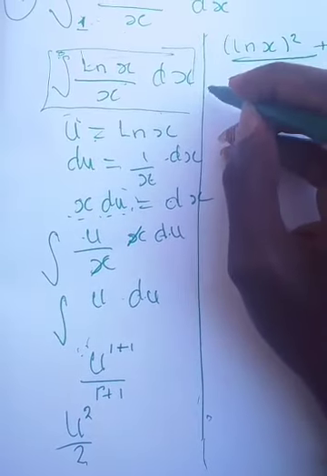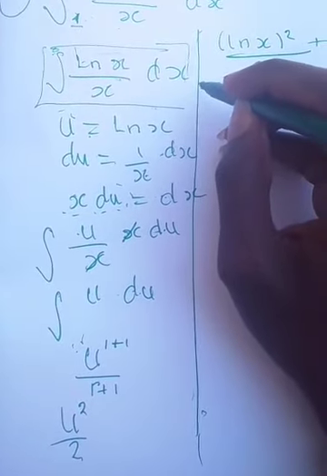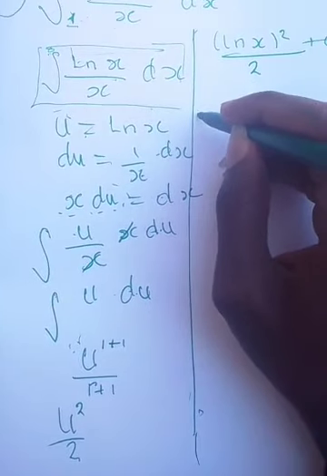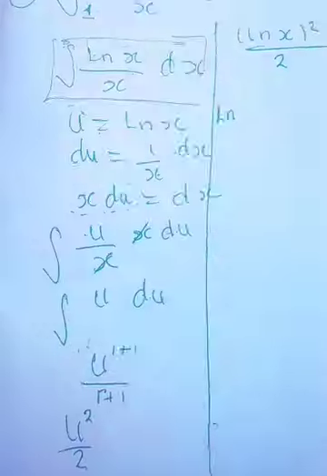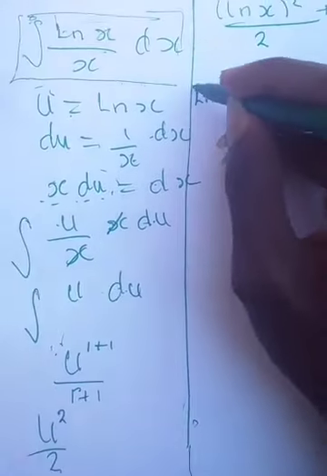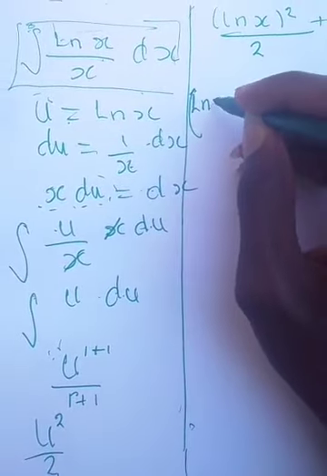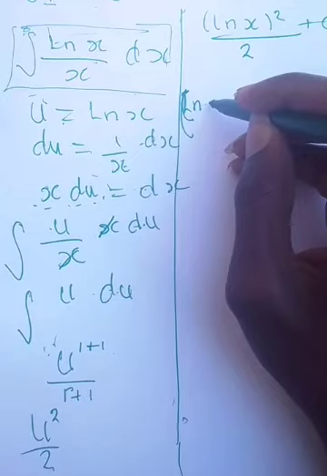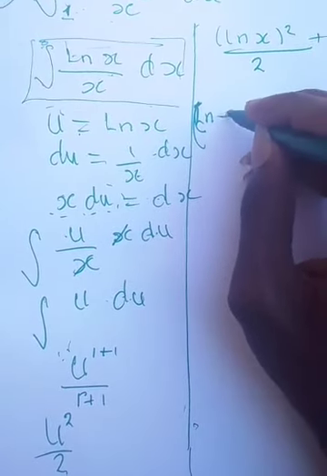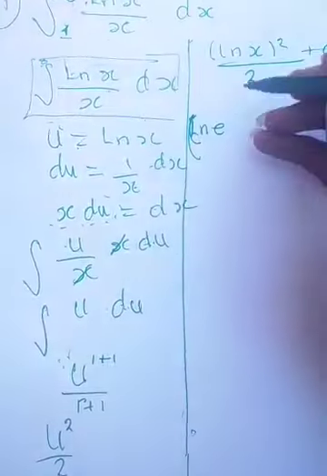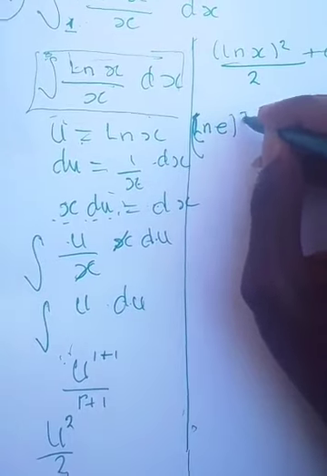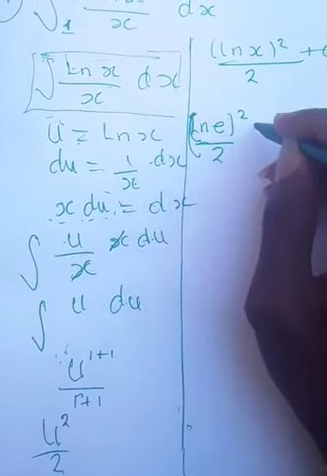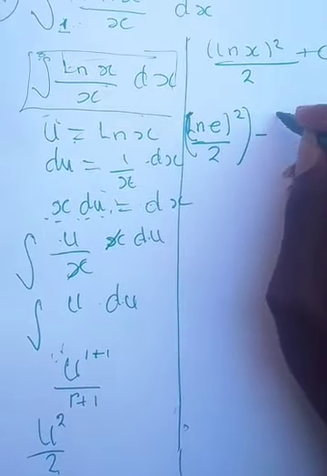The one that we substitute first is the upper limit. So it's natural log x, where x is, I'm going to substitute e, which is the upper limit, and then power 2 over 2. Then we say minus.